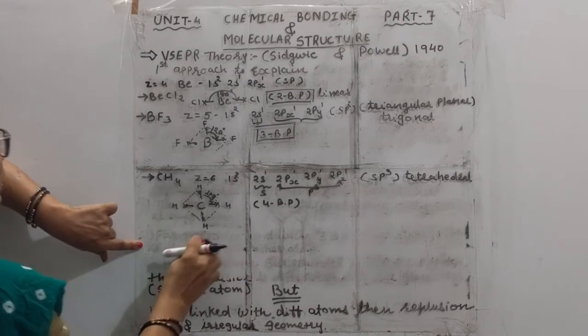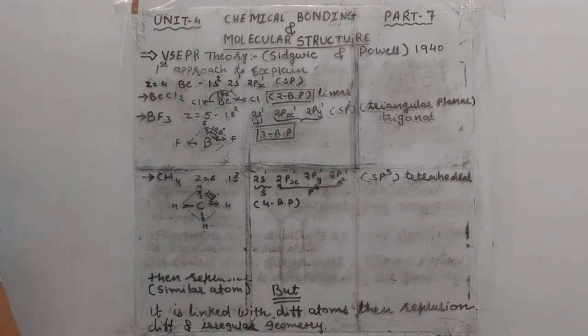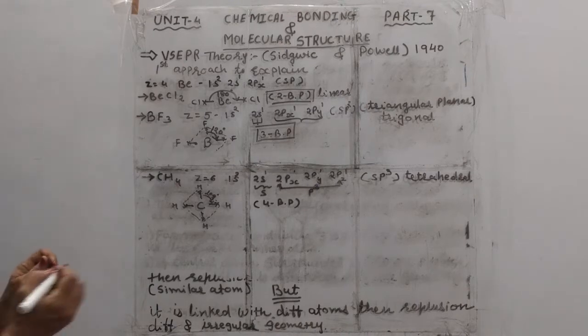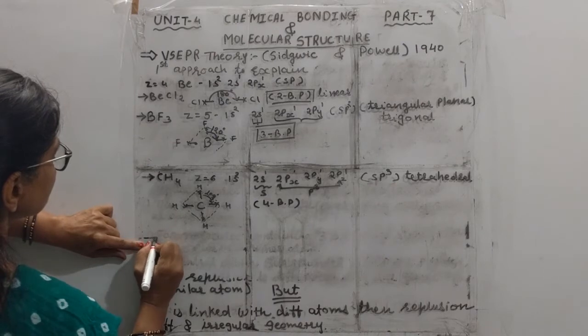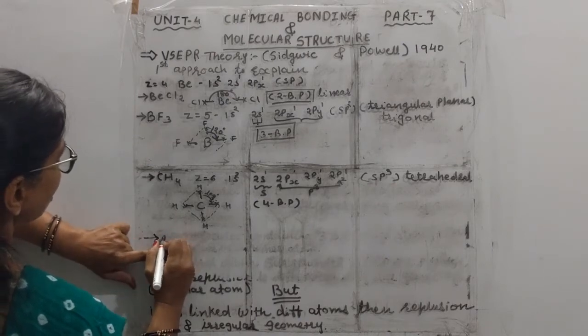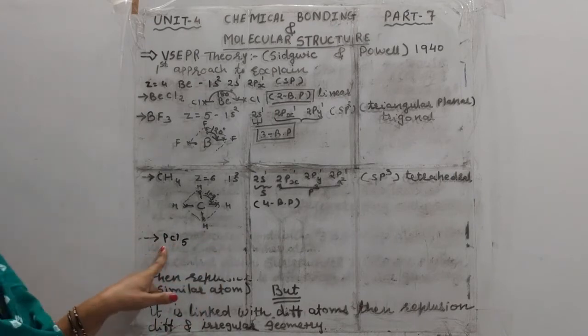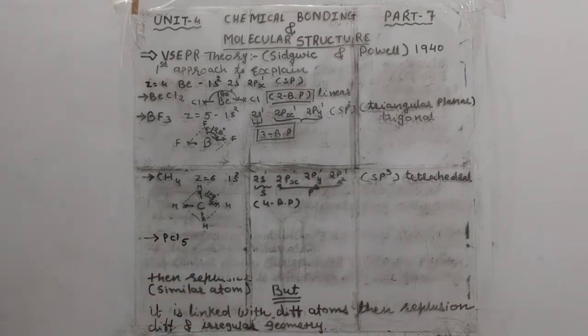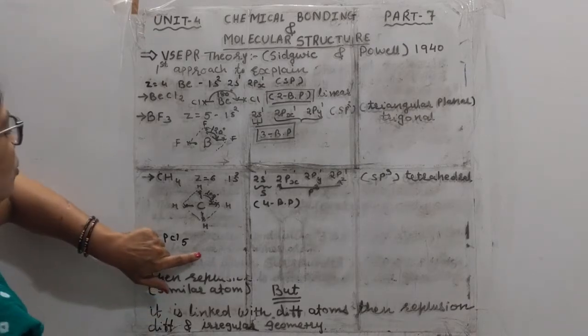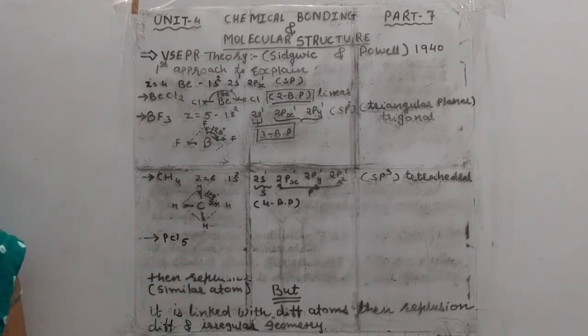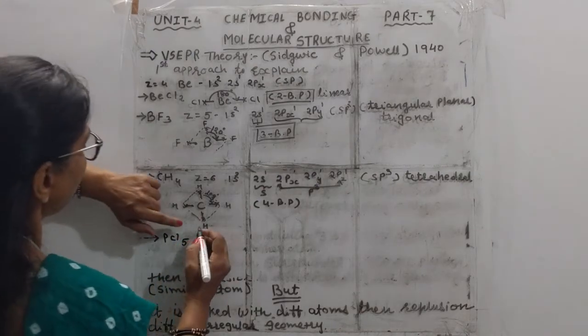Okay, now we'll take the next example, which has 5 bond pairs, and that example is PCl5, phosphorus pentachloride. Now how many valence electrons does phosphorus have, or what is the Z for phosphorus? That we'll write down first, along with the configuration.